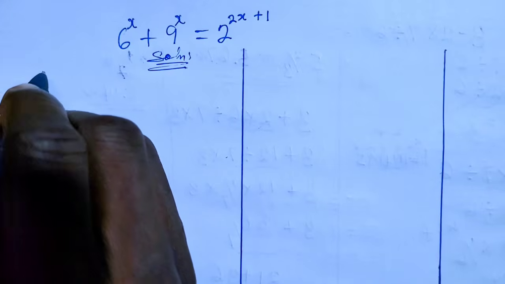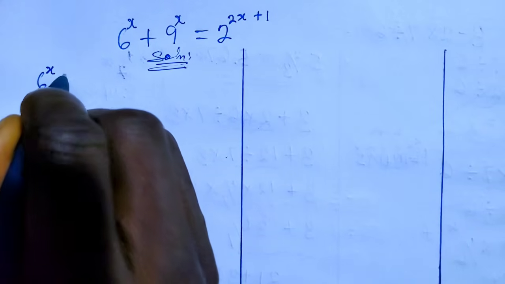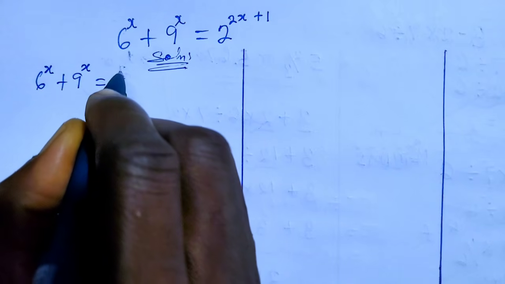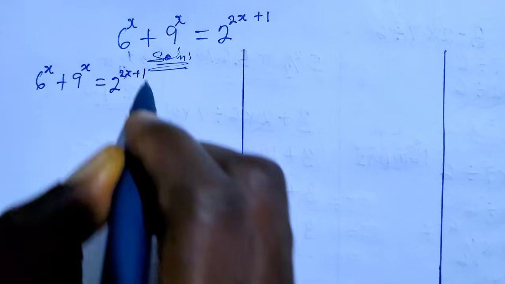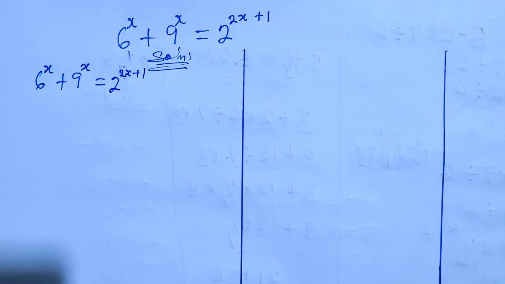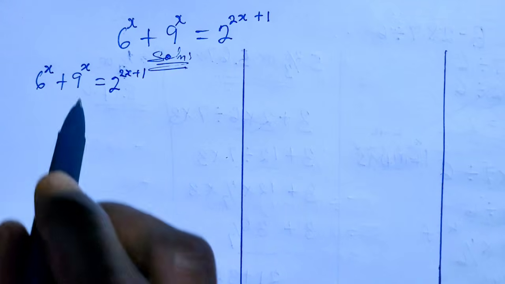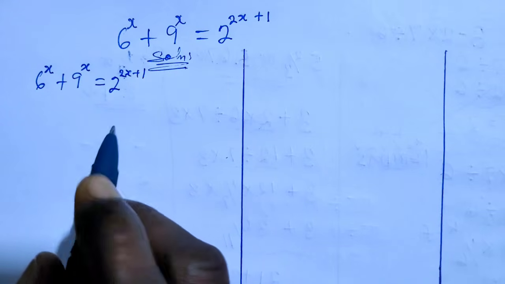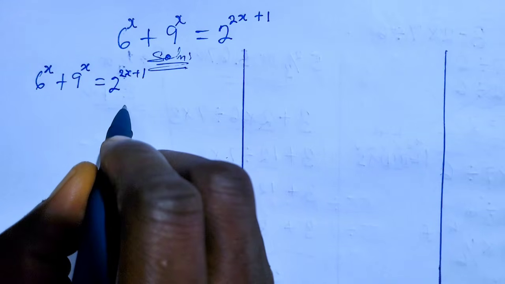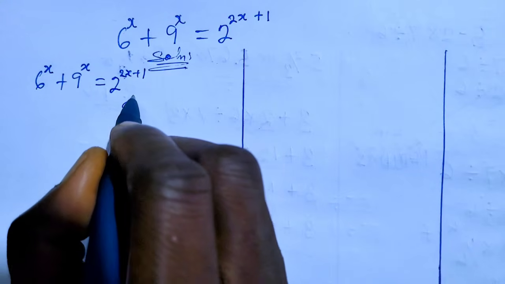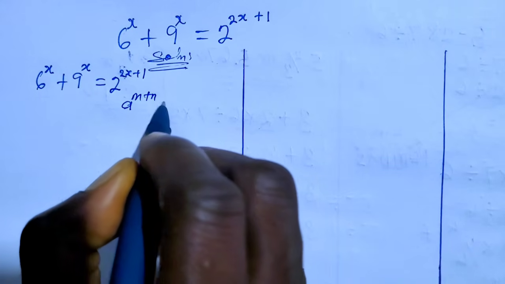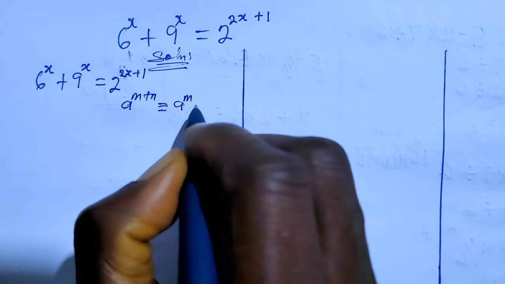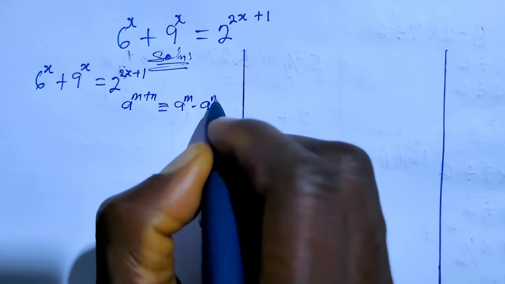We have 6 to the power of x plus 9 to the power of x equals 2 to the power of 2x plus 1. The first step to be considered is to simplify the right side of the equation. Recall that a to the power of m plus n is equivalent to a to the power of m multiplied by a to the power of n.